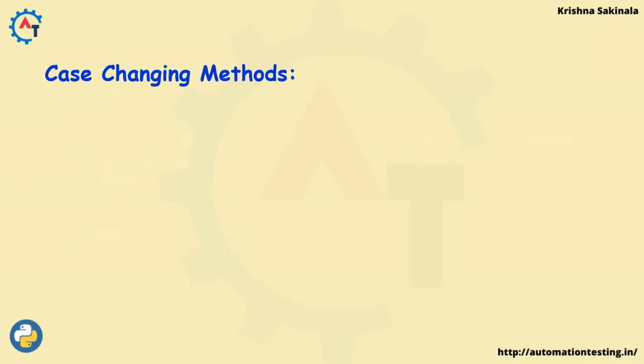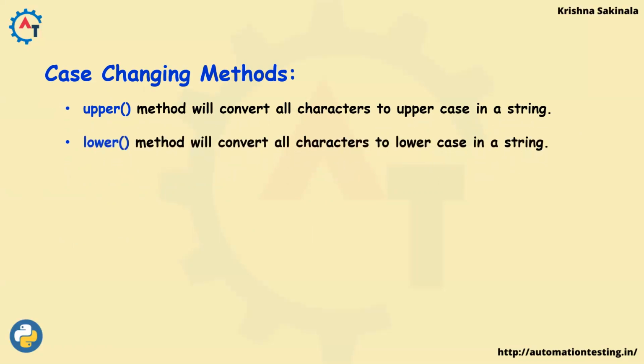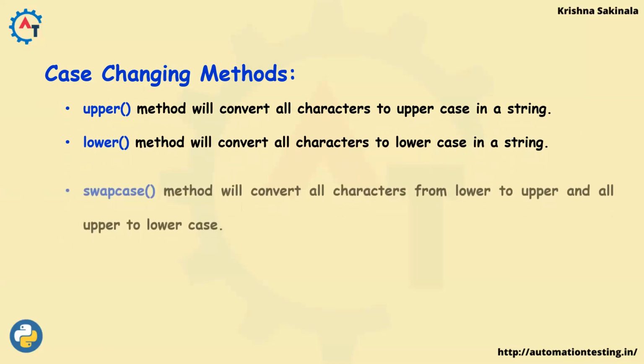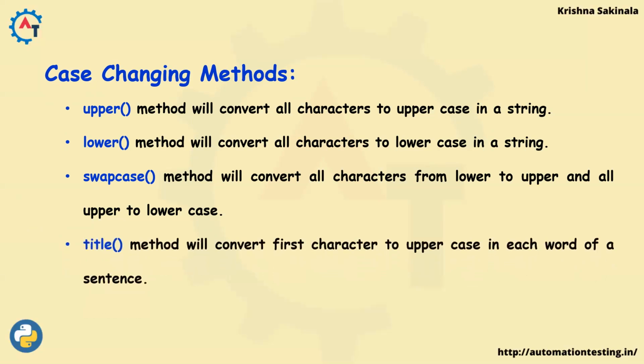Okay, case changing methods. The upper method will convert all characters to uppercase. Lower method will convert all characters to lowercase. Swap case method will convert all characters from lower to upper and all upper to lowercase. Title method will convert the first character to uppercase in each word of a sentence.